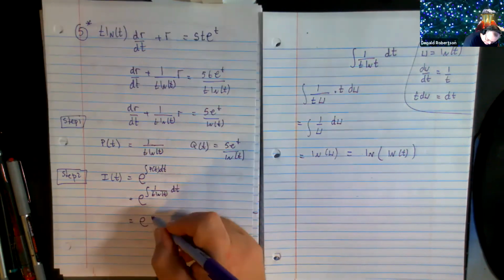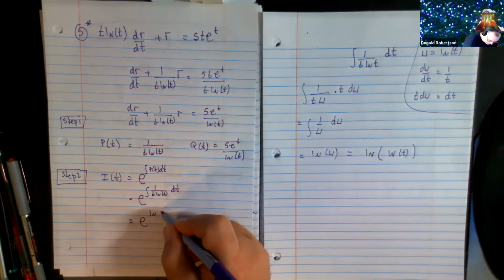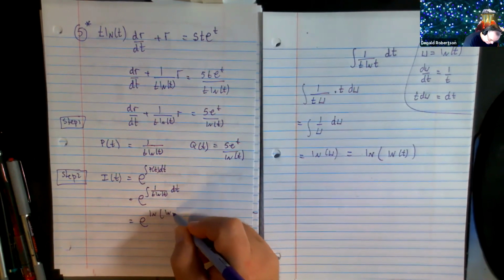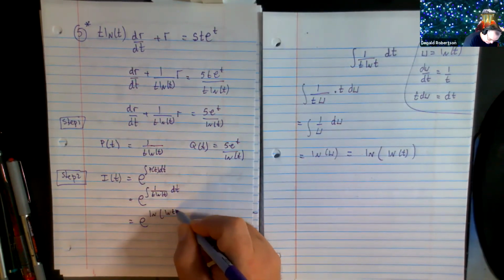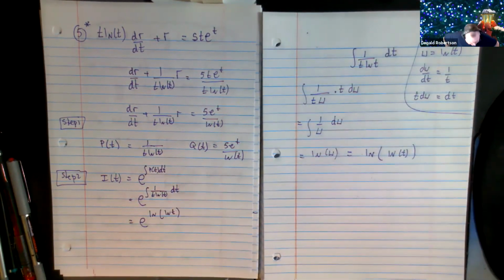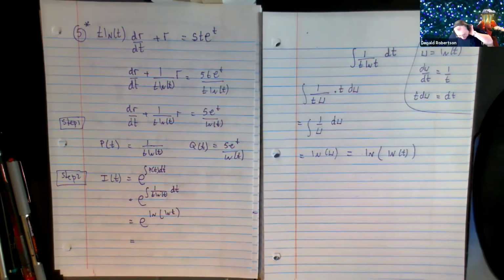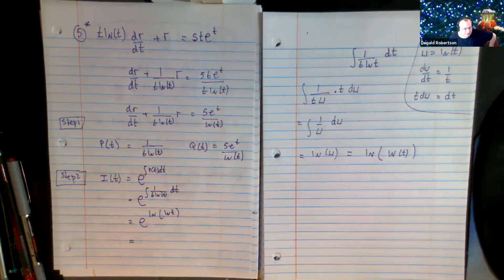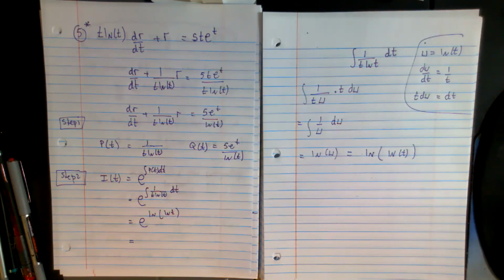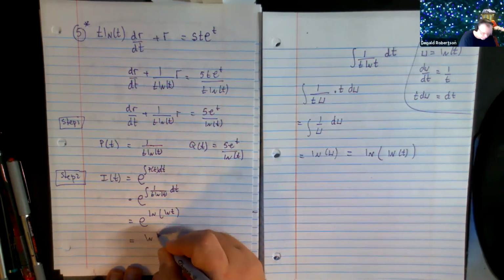So this fella here is e to the natural log of the natural log of t. Now you better have your thinking cap on. Style points. What the heck does that become? Natural log of t. I'm hearing a lot of NLTs.